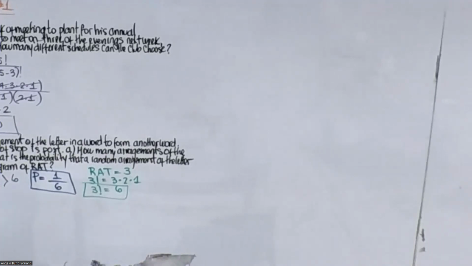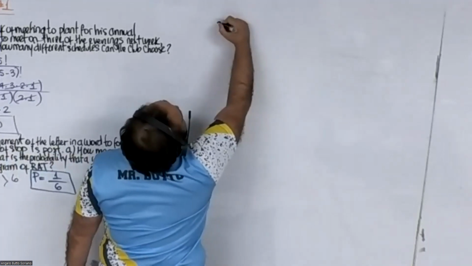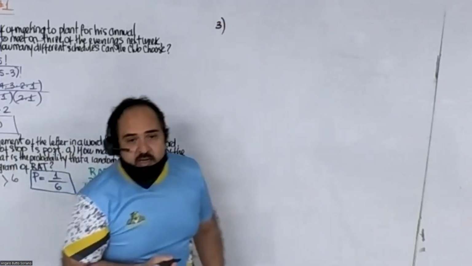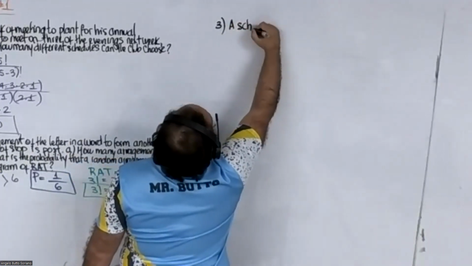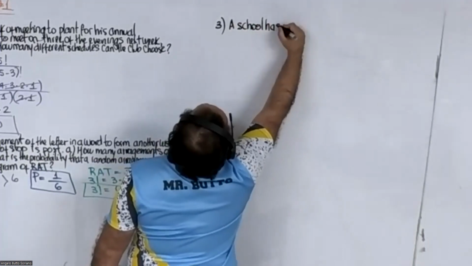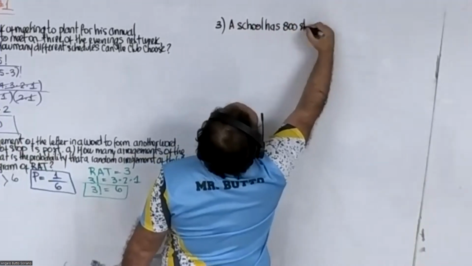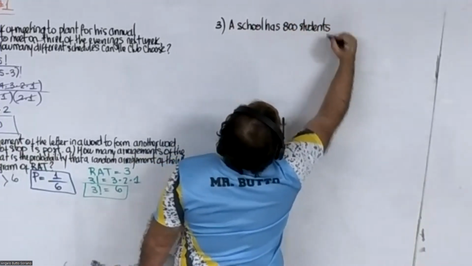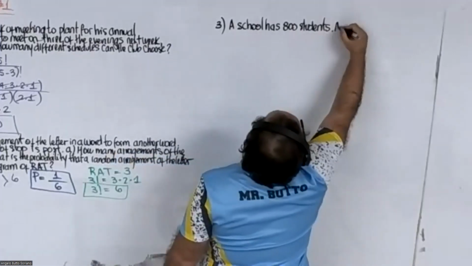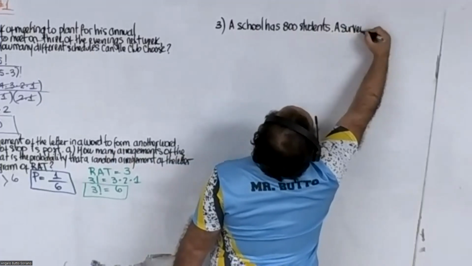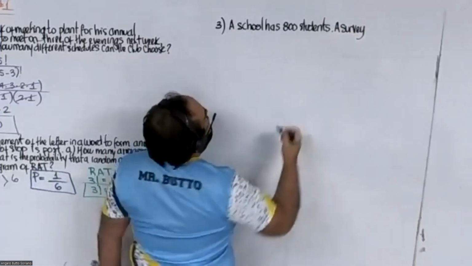All right, problem number 3. A school has 800 students.